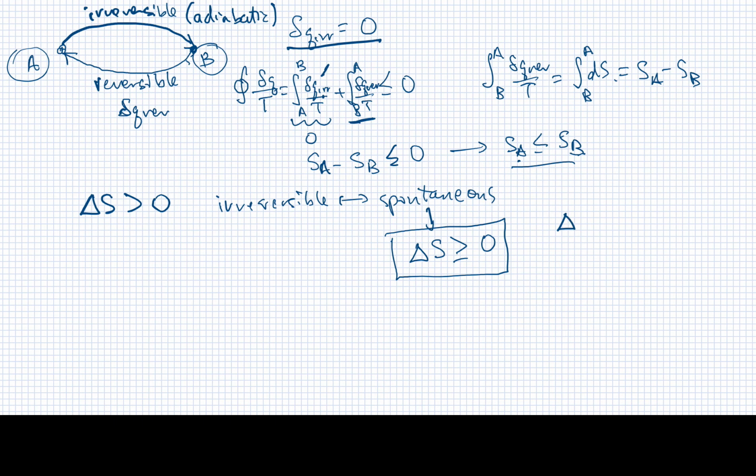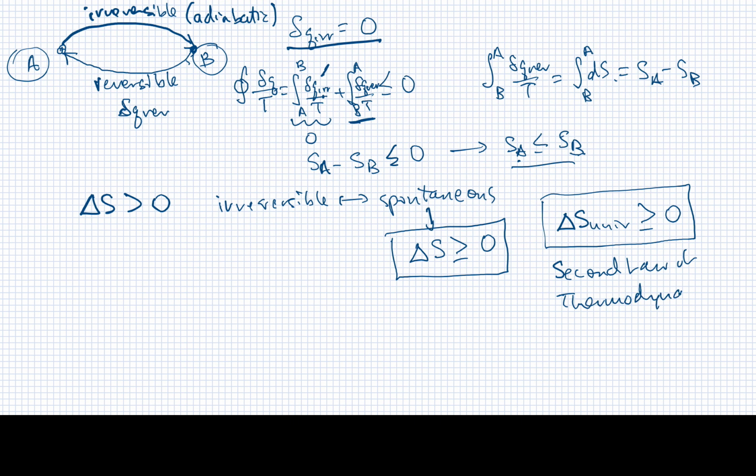So it will generally be true that for a spontaneous process, we must see the entropy content increase. And this important result is something we know commonly as the second law of thermodynamics. So we can see that there is a direct connection now between entropy and spontaneity in these systems.